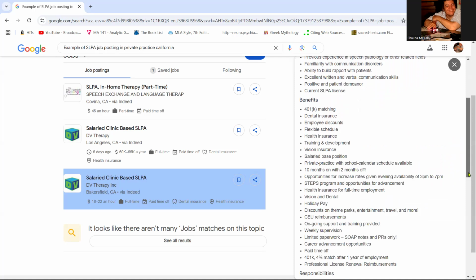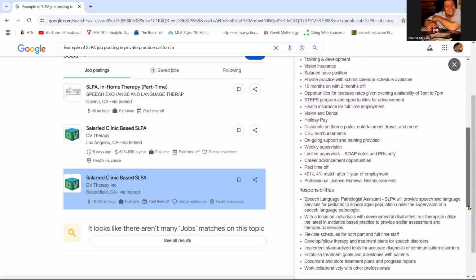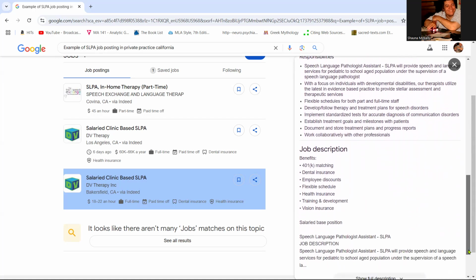And so here's your benefits, here's your responsibilities. Develop and follow therapy and treatment plans for speech disorders, implement standardized tests for accurate diagnosis of communication disorders, establish treatment goals and milestones with patients, document and store treatment plans and progress reports, and work collaboratively with other professionals.